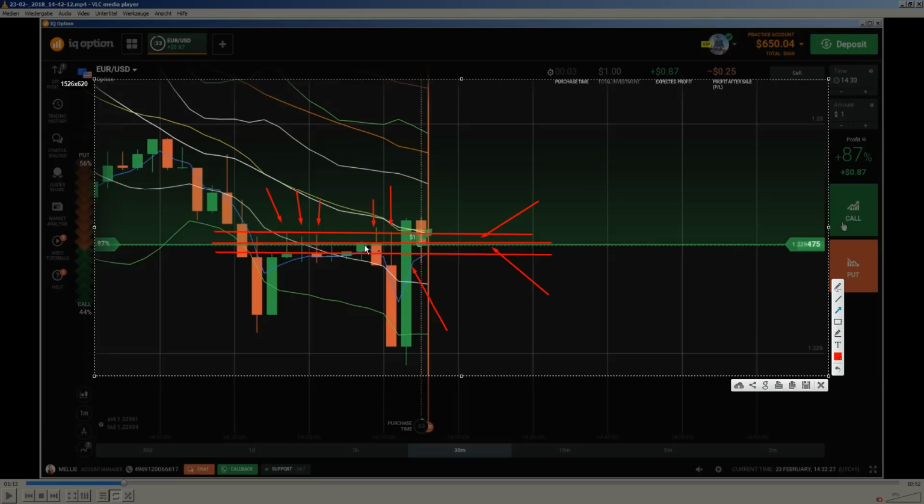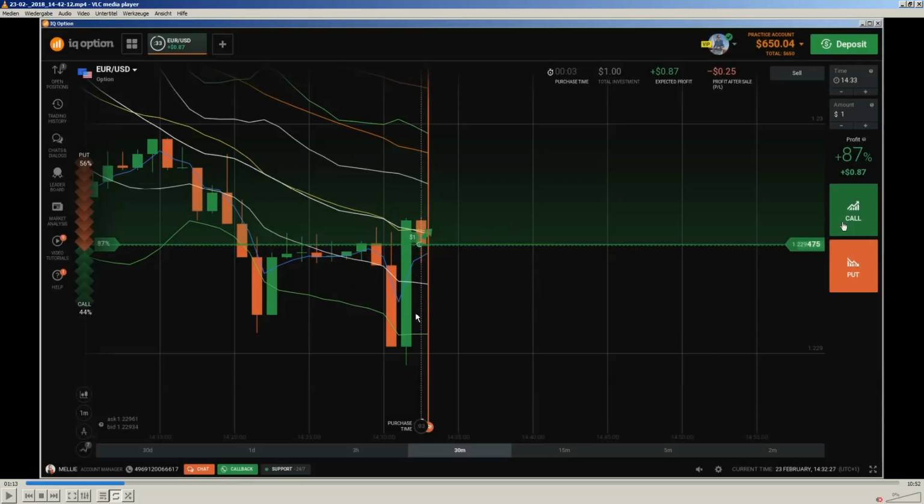If you see so many wicks here, you can trust this area blindly. You can do a call here at any point if you see that it was already proved, it worked, it was valid. All those wicks are telling you it's a strong level, which takes a lot of attempts or a strong trend to get broken. So that was the reason why I did a call here.